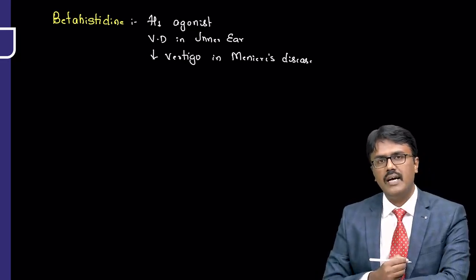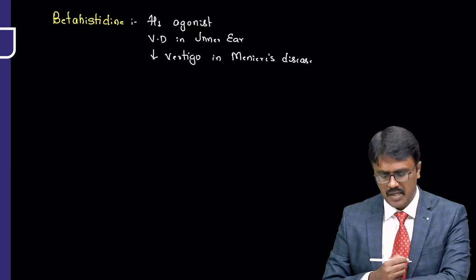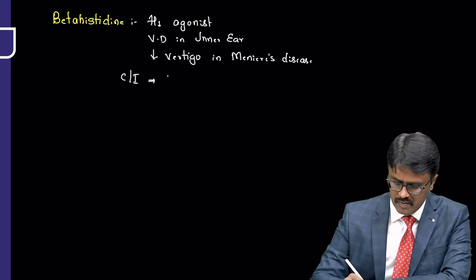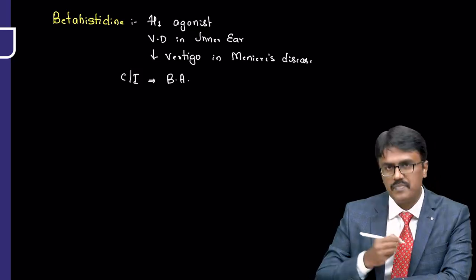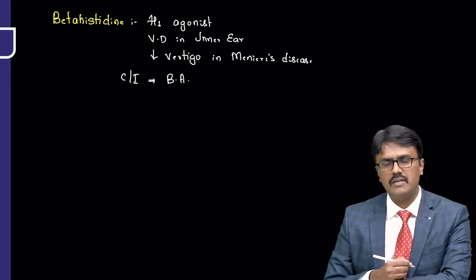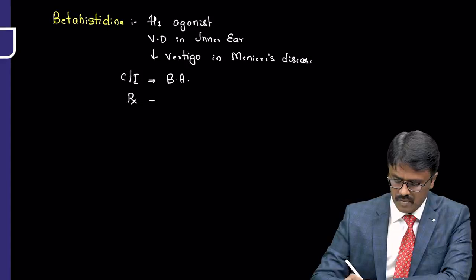How does it work? H1 action, vasodilation, and decreases the vertigo. Now remember, it is contraindicated in a patient with bronchial asthma. Can you tell me why? It's a histamine agonist, so obviously it will cause bronchoconstriction. So where do you use it? It is used in the treatment of vertigo.